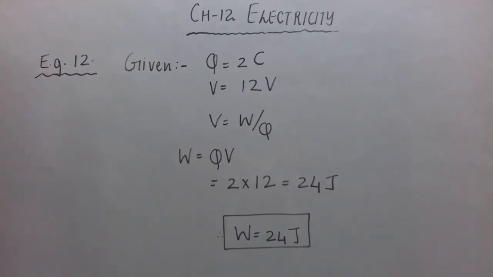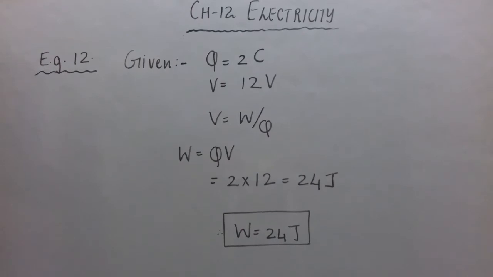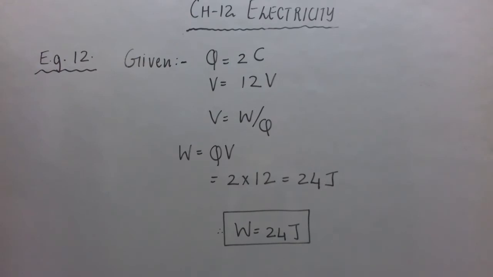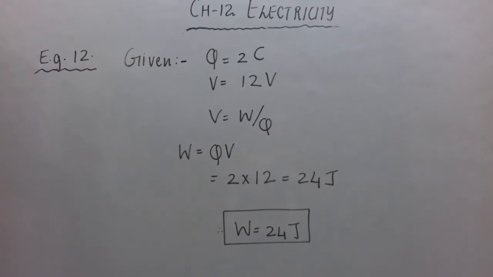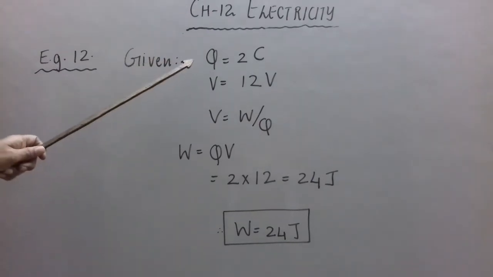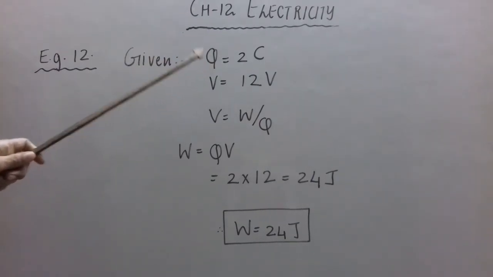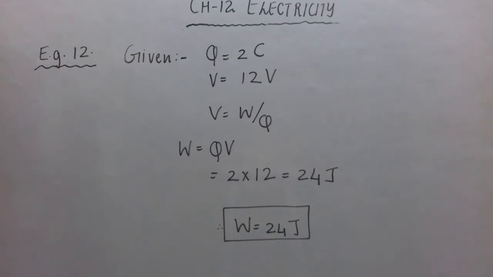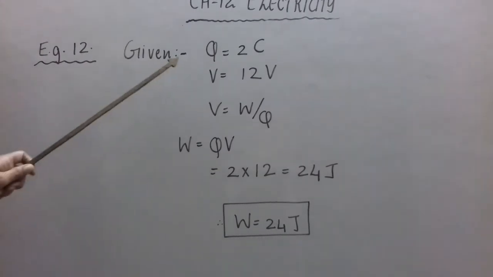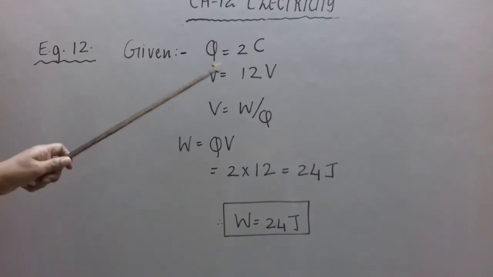How much work is done in moving a charge of 2 coulombs across 2 points having a potential difference of 12 volts? So given Q, charge, is 2 coulombs. Work done to move the charge across 2 points having a potential difference of 12 volts. So potential difference V is 12 volts.